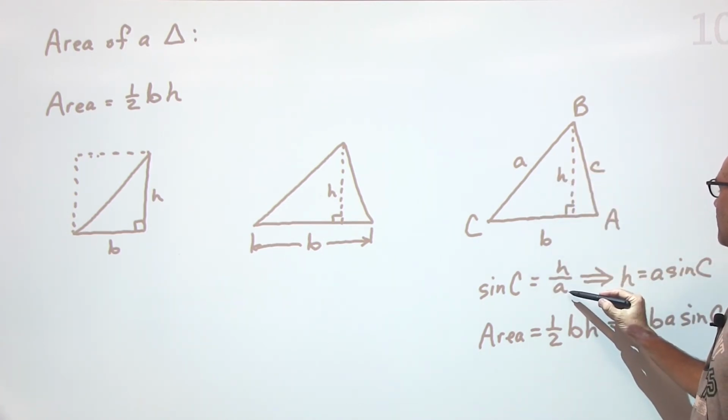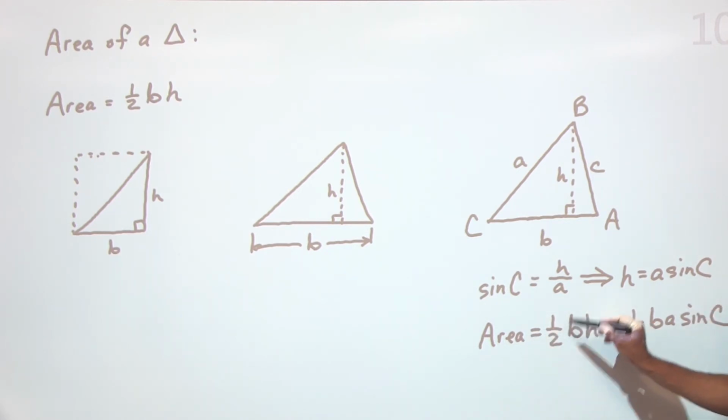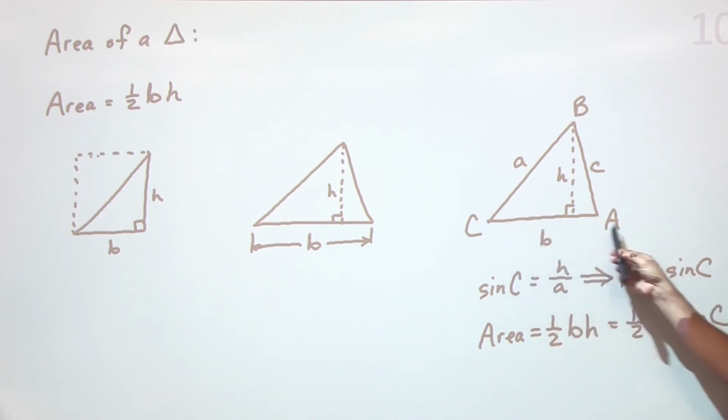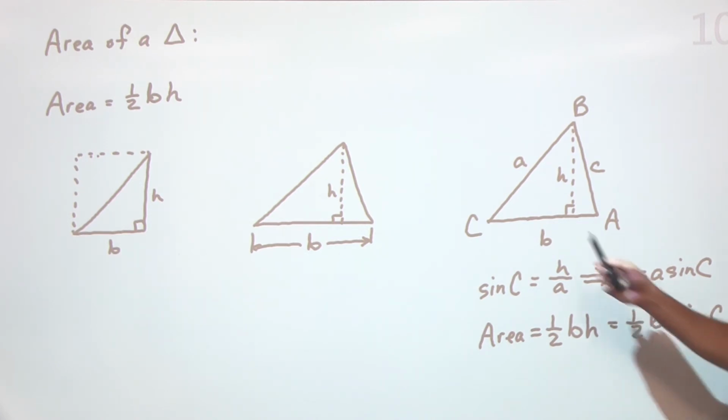So that means if I multiply both sides by A, then I get H equals A sine C. So now, area equals 1/2 base times height, but I just found out that the height is A sine C, so now I see that the area of this triangle is 1/2 base times A sine C. So 1/2 BA sine C, or 1/2 AB sine C.